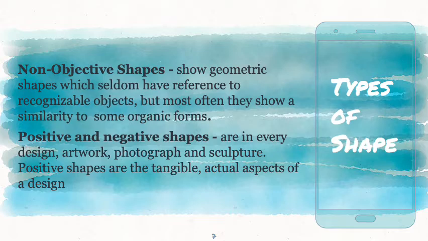Okay, another type of shape is non-objective shapes. It defines a type of abstract art that is usually, but not always, geometric and aims to convey a sense of simplicity and purity.